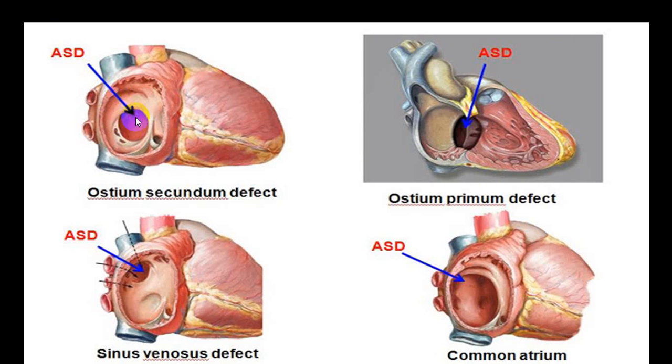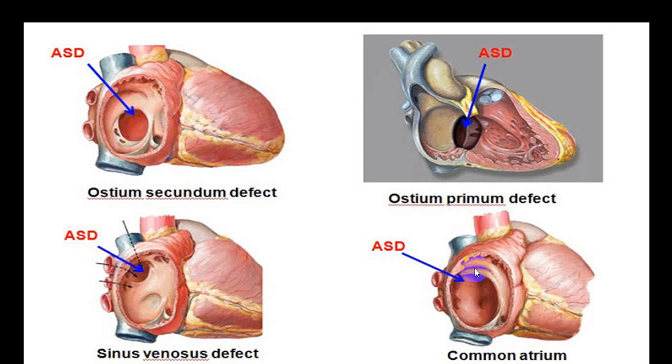This will be in the middle part, while ostium primum defect will be very frequently close to what we call the atrioventricular groove, that is close to the tricuspid valve, or we call endocardial cushion.